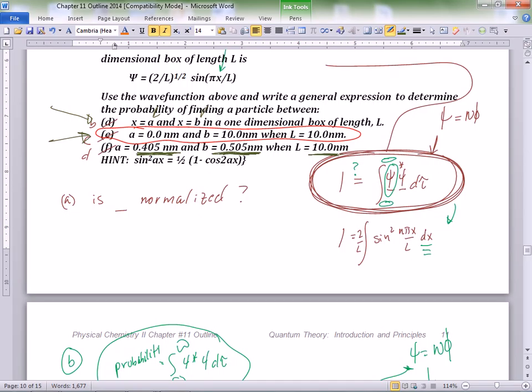Oh, I would guess 1. 1 means 100%. 10. 0.1. Right? This is what's going through my brain. 10, between 0.405 and 0.505.